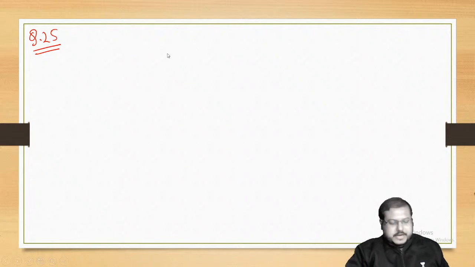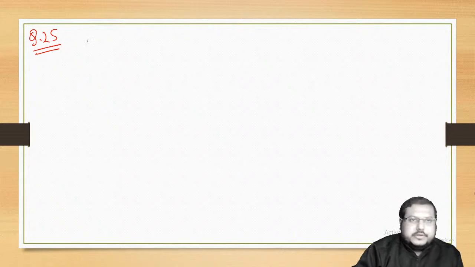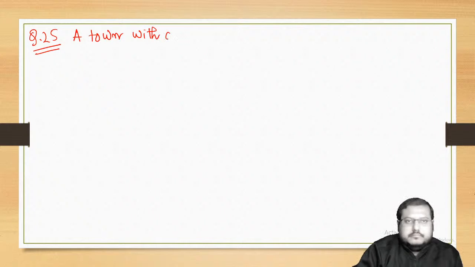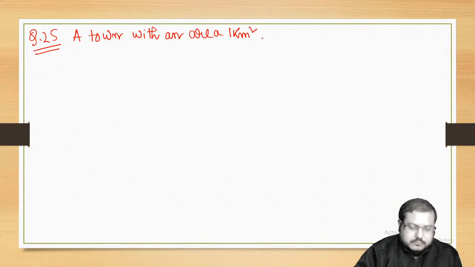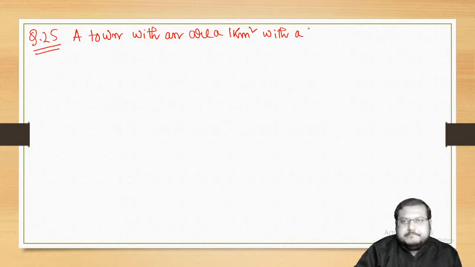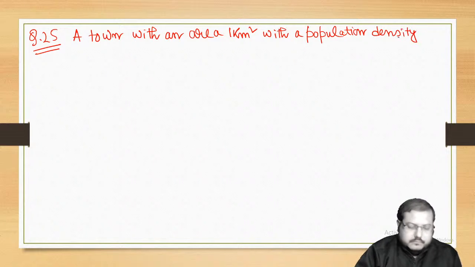A town with an area 1 kilometer square with a population density 1000 number per hectare.